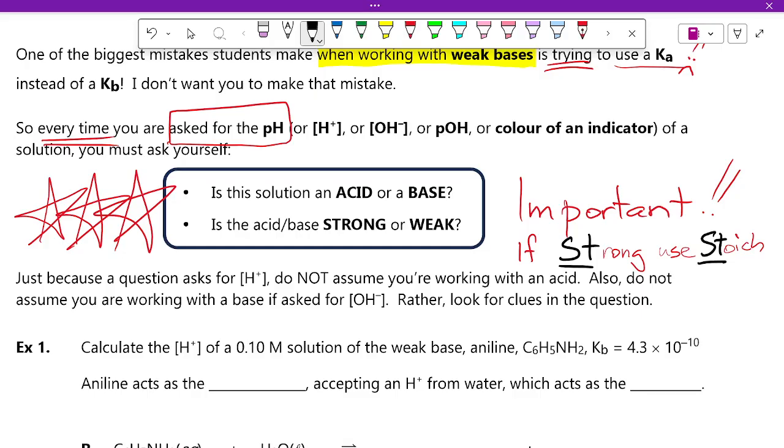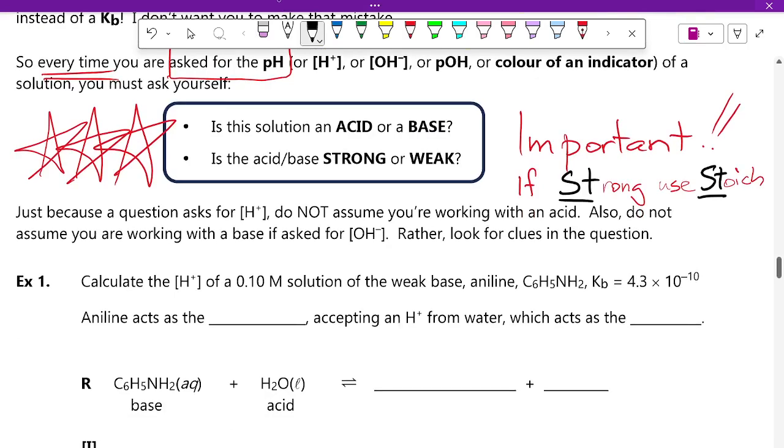Just because a question asks for H+, do not assume you are working with an acid, because you can be working with a base, you can find the hydroxide and then find the hydrogen. So you might have a question where it says calculate the H+ concentration of a 0.1 molar solution of the weak base aniline.